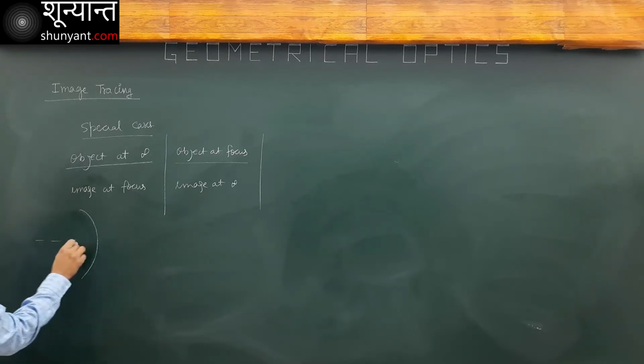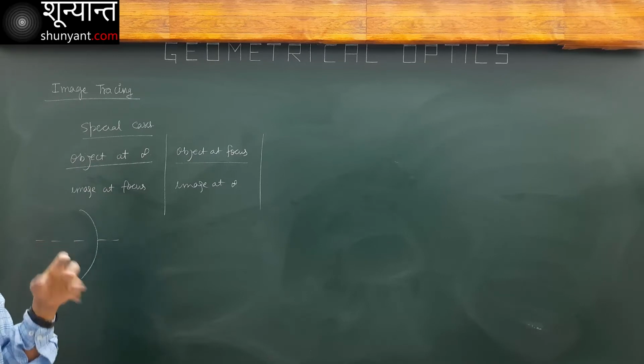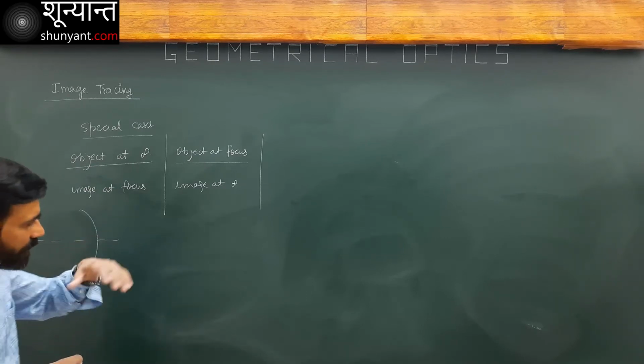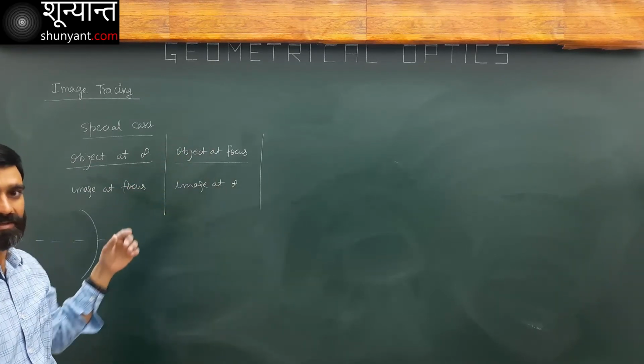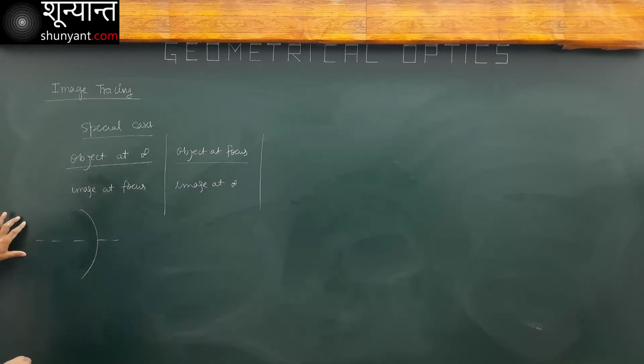This is my mirror. When the object is at infinity, a very large object at a very large distance, the light rays are going to be incident parallel to the principal axis.